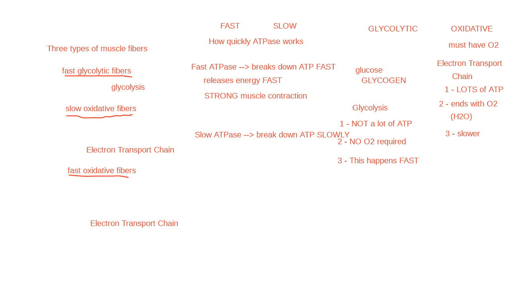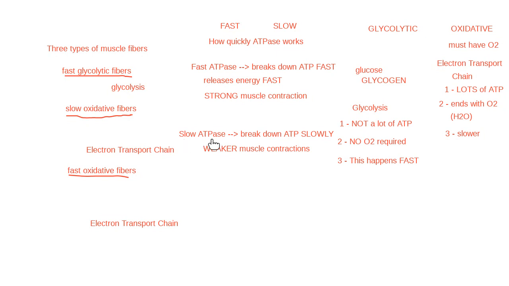Again, not tricky. Slow ATPases break down ATP slowly. What that means then is my muscle contractions are going to be weaker, which sounds like a not great thing until we consider the benefit of having a slow ATPase.